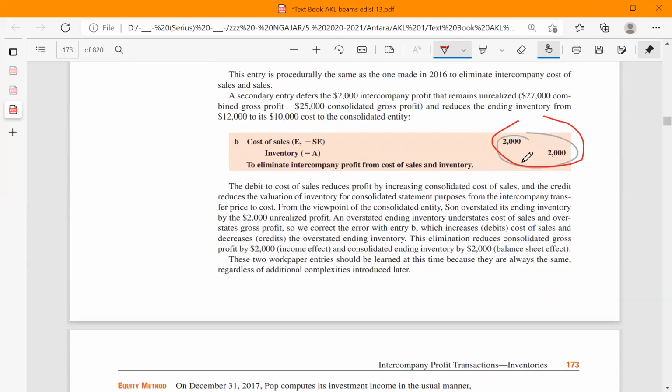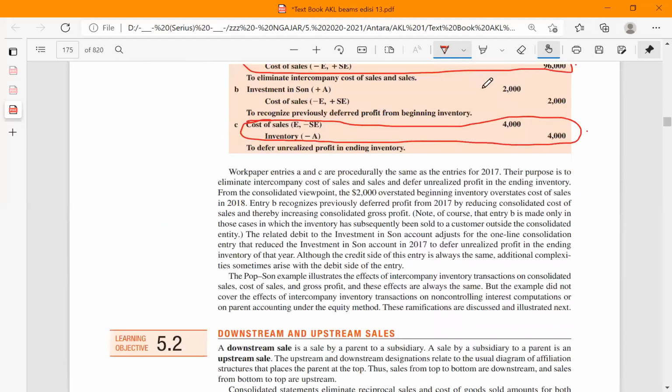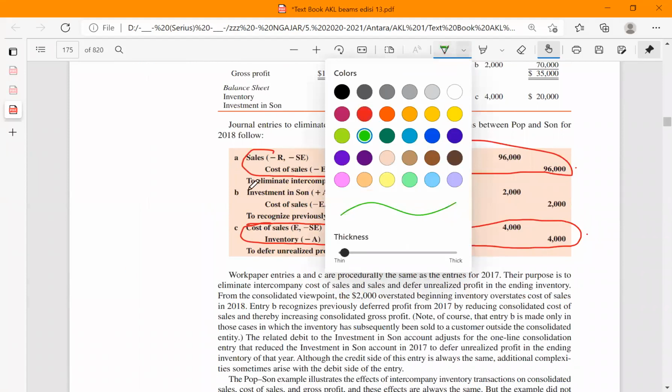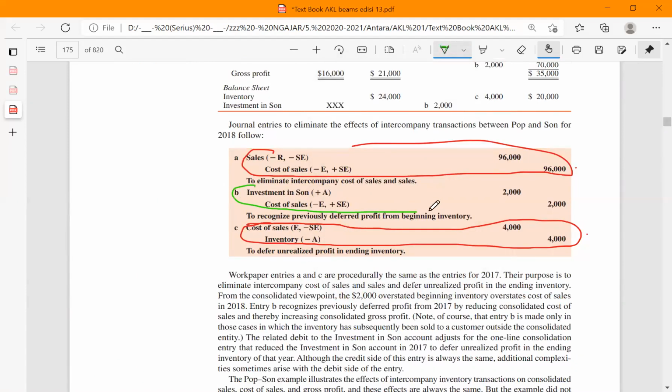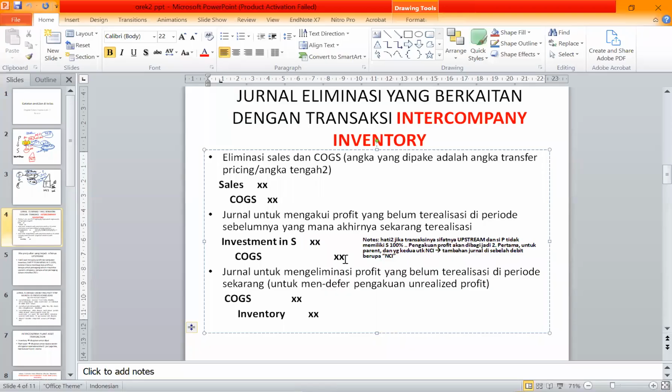So the previous year we could not realize that in 2017, but now in 2018 we can finally recognize this by journalizing this entry in the green color. Okay, so the journal entry is investment in S on cost of sales. So that is the third journal entry.